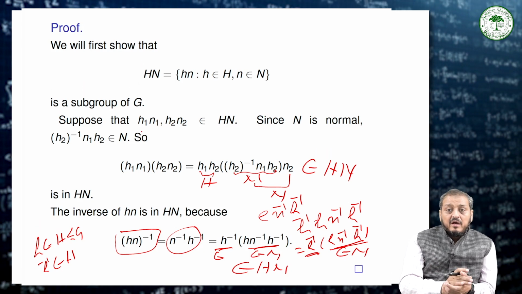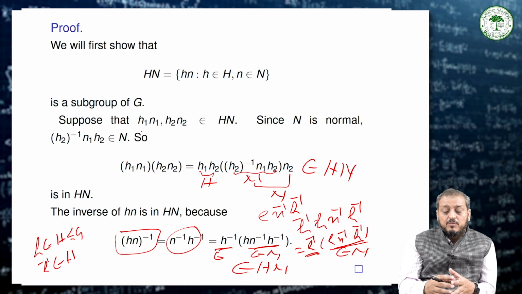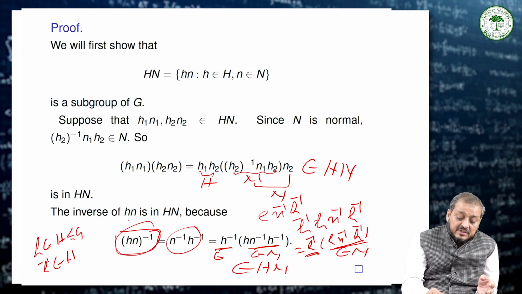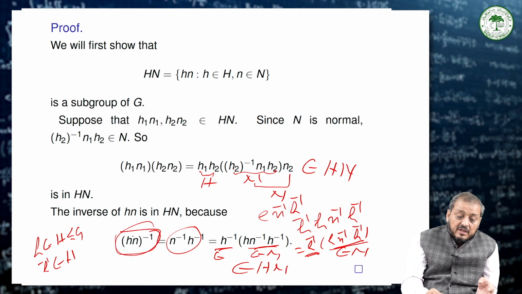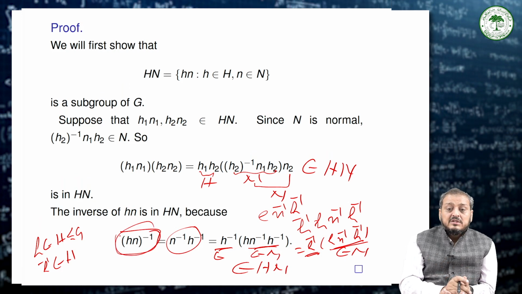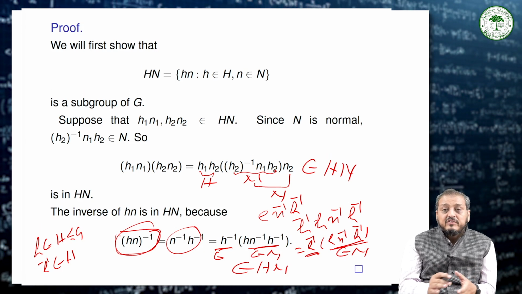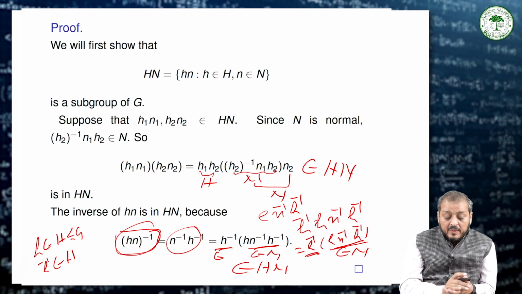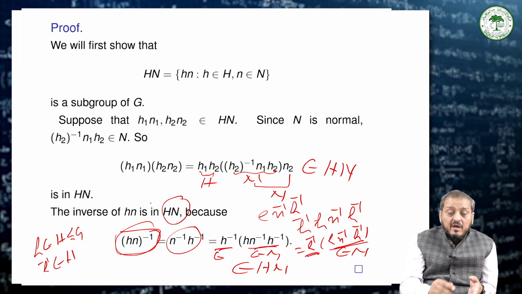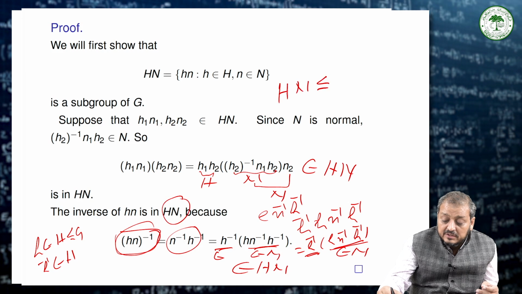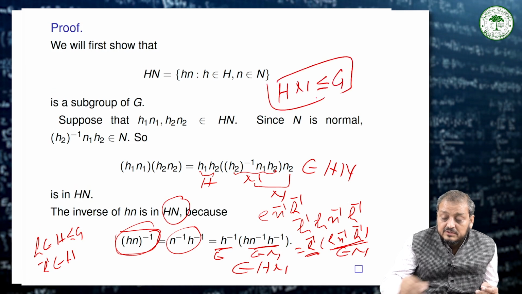If we take some element, its inverse also belongs to HN. If it also belongs to this set, then clearly we say that this HN is a subgroup of G. So now we have finally shown that this HN is a subgroup of G.